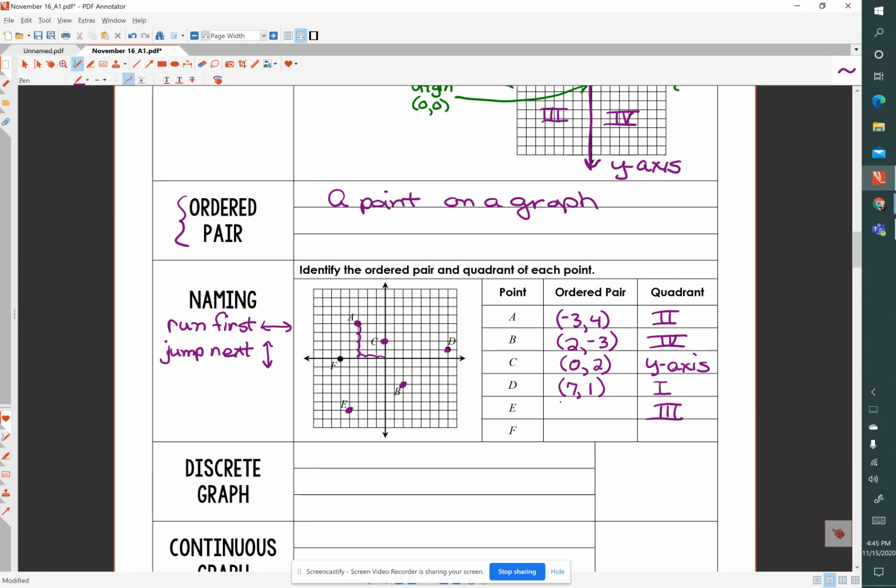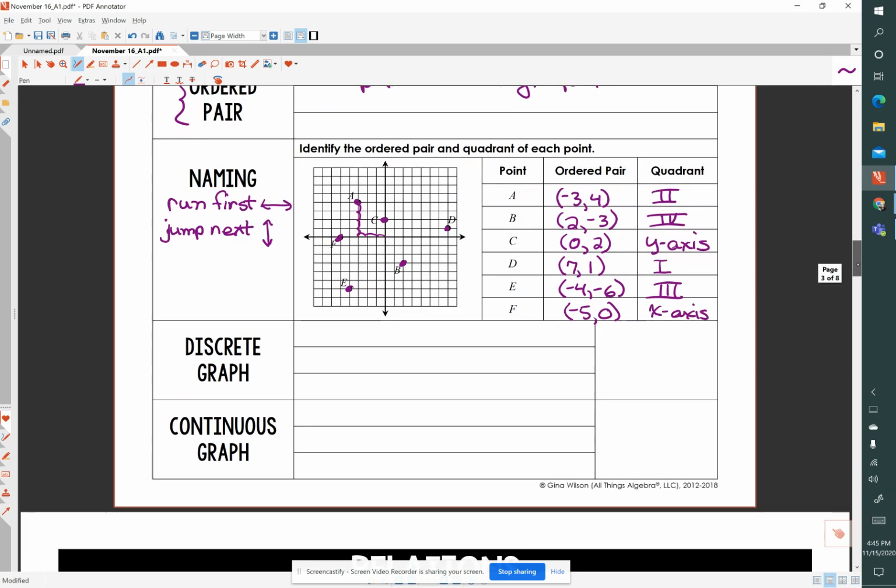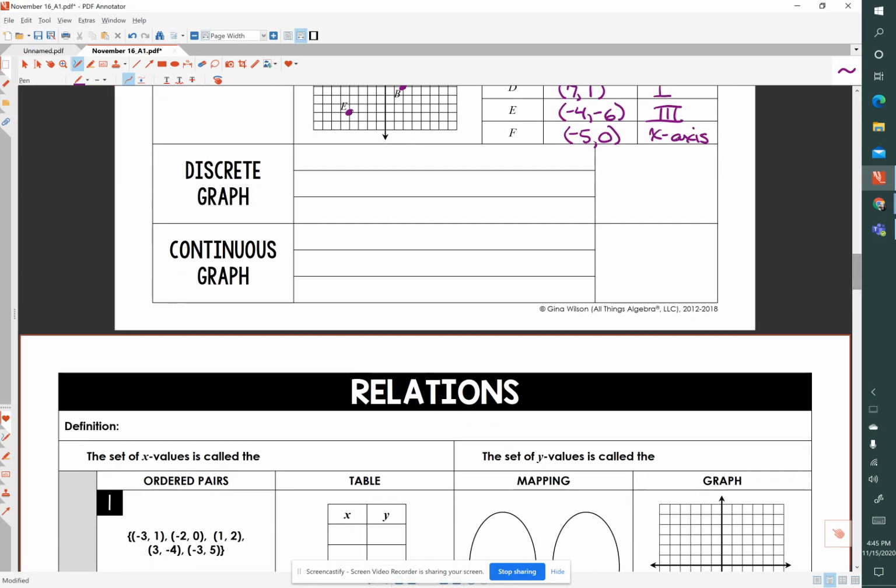So that would be negative 4, negative 6. And finally, F, which is on the x-axis, is labeled point negative 5, 0. So there's a quick overview of the coordinate plane.